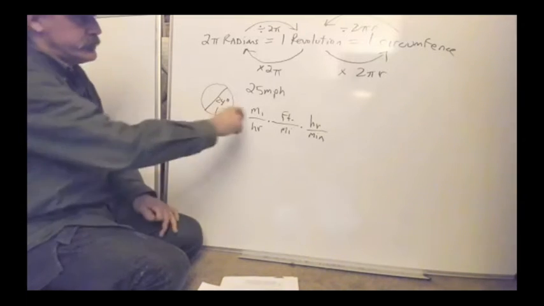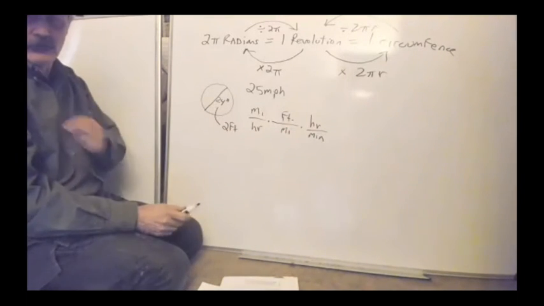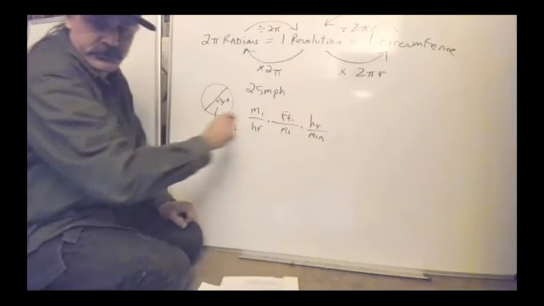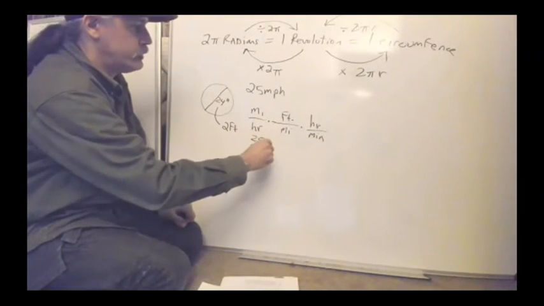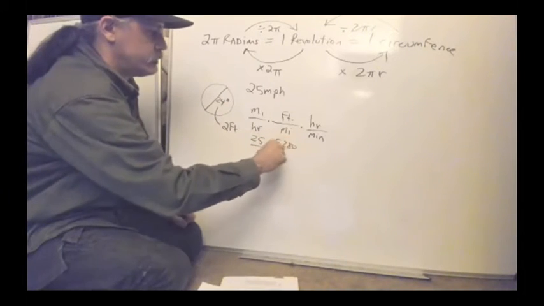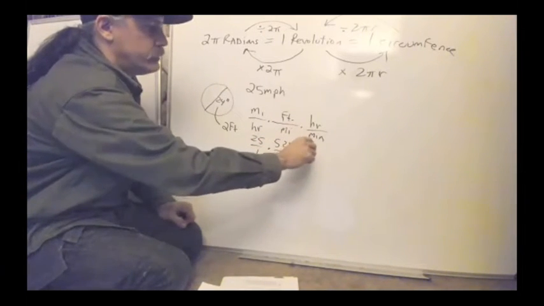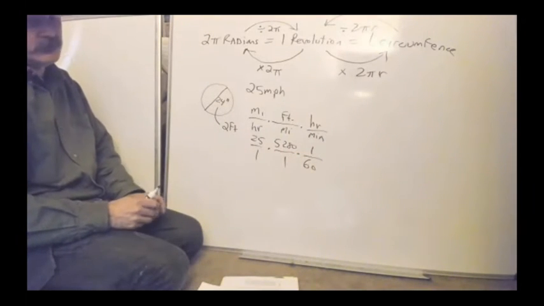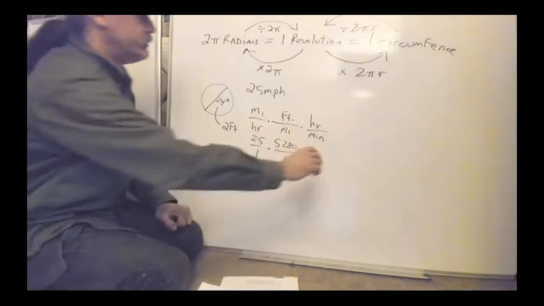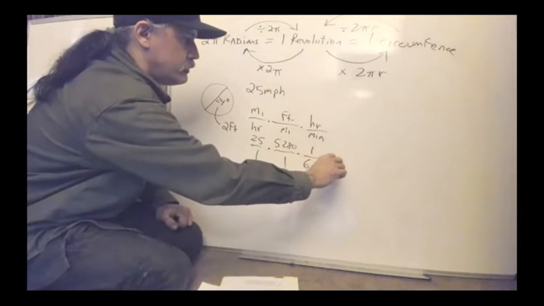If you like to put the numbers in with the units, just use this as a model and then put the numbers below. So we've got 25 per 1. There's 5280 feet in 1 mile, and there's 60 minutes in an hour. And this is going to give us feet per minute.